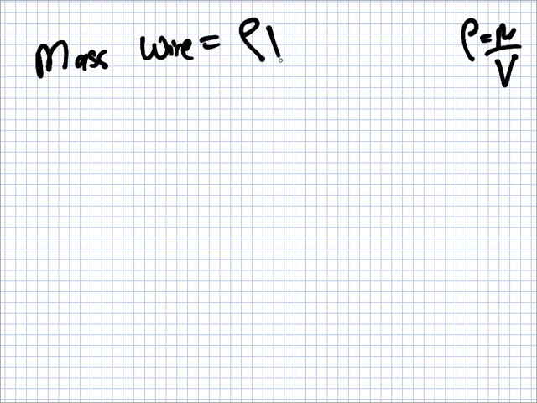The mass of the wire equals. Now if I have the formula density as mass over volume, then the mass will equal density times volume. And what shape is the wire? What type of shape is the copper wire? A cylinder. So what's the formula for volume for a cylinder? That's a sphere. Yeah. Pi r squared h for the cylinder. Okay.